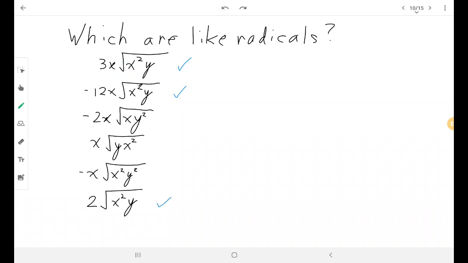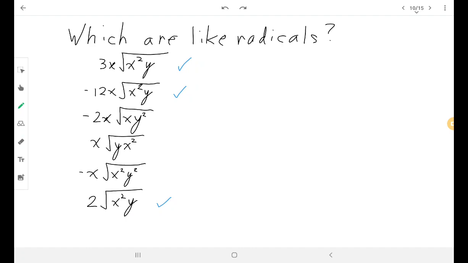However, look at this one. The squared is on the y, so that is not one. Look at this one. The squared is still on the x. There's no square with the y. And it's just this one mixed up, right?